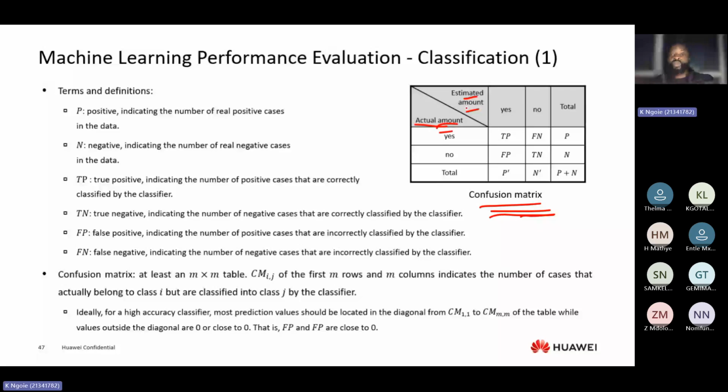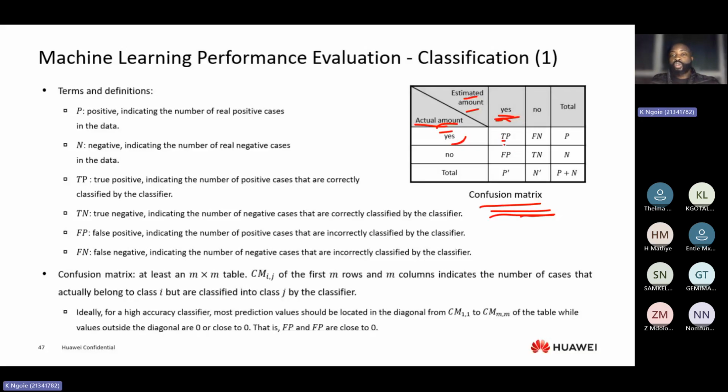So if whatever information we have here is yes, that's what we need, and the model gets a yes, and the actual value as well is yes, it means the model has predicted it right. That's what we call a TP, or true positive. It was true and it was positively identified by the model.